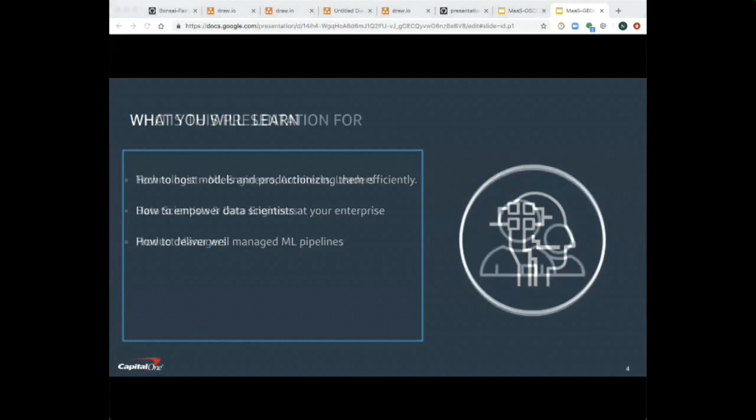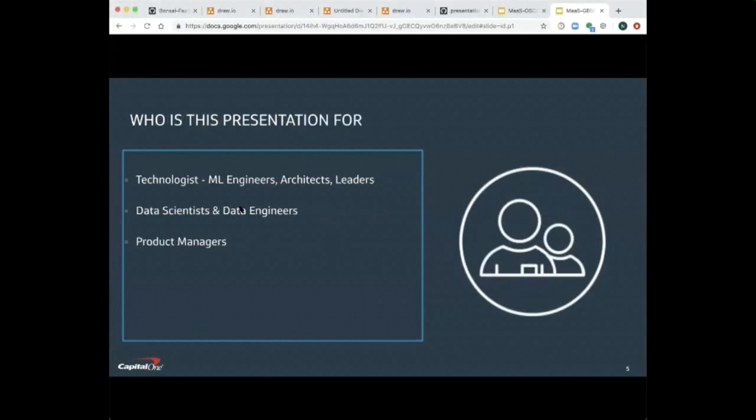The next thing is, who is this presentation for? Who is our target audience? I would say our target audience is a mix of everything: technologists, ML engineers, architects, and the leads of various organizations who are interested in building something for their own enterprise to this scale and this kind of sophistication.